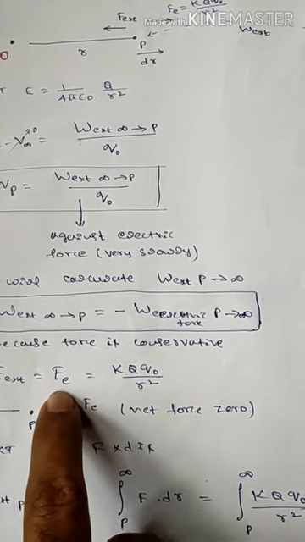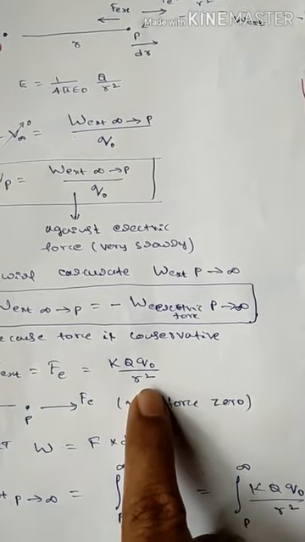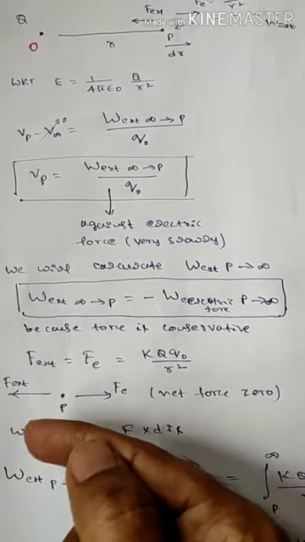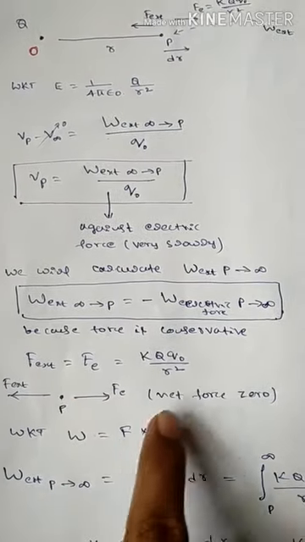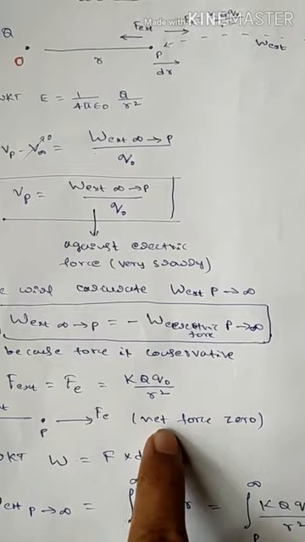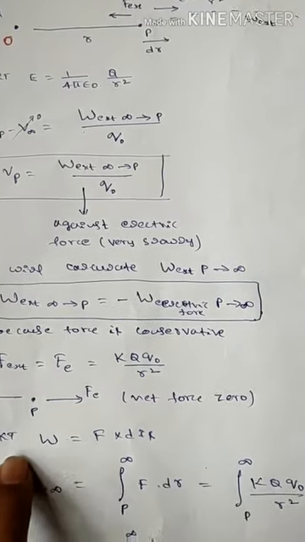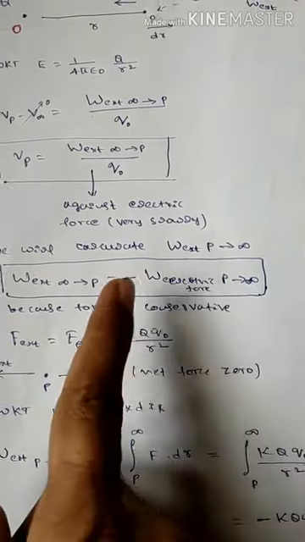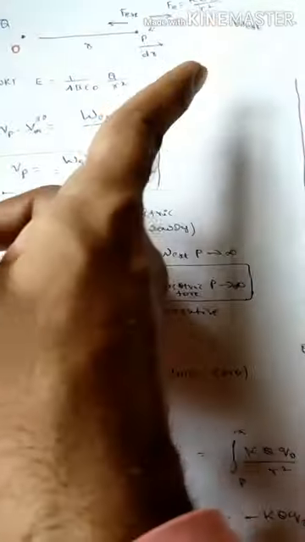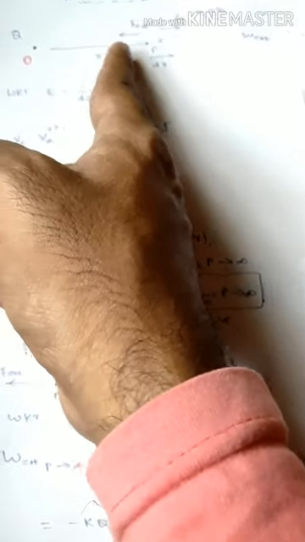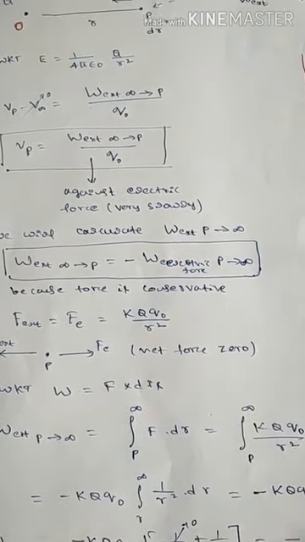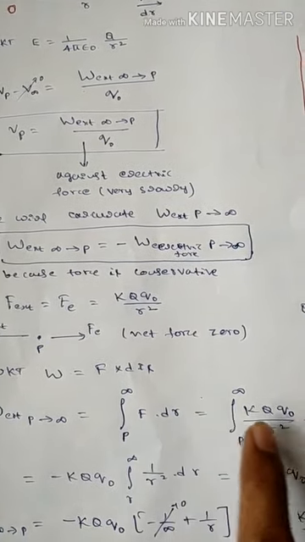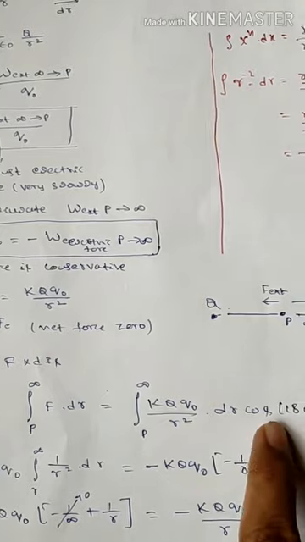That's why we take one equation: external force is always equal to Fe. The Fe formula we know: k q q naught divided by r square. Once again, at point P, there is the external force direction and the electric force direction. Here the net force is 0. The work done is force into displacement. The external force and displacement are in the same direction. The dot product can be written as F dr cos theta.